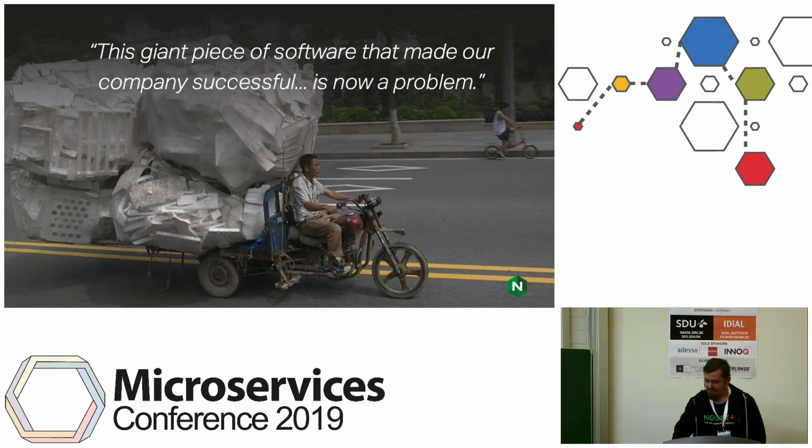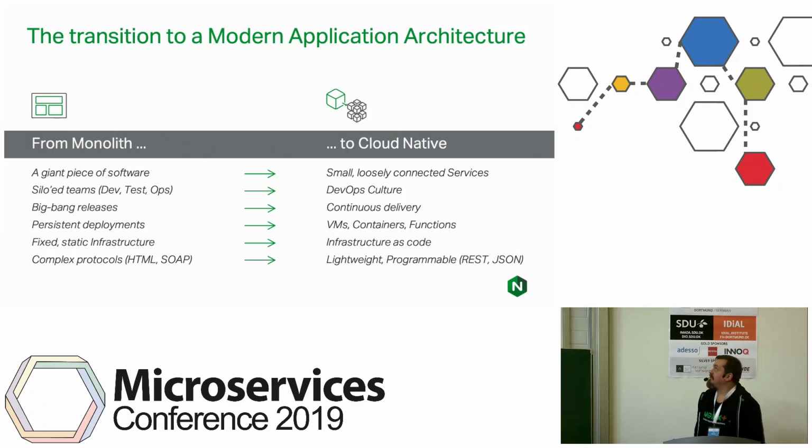What's the solution to this kind of a problem? Transition. Moving into a modern application architecture. So you go from the monolith, where it is appropriate, into a more DevOpsy attitude, cloud native, which is obviously a very popular term. So you start with small, loosely connected services.